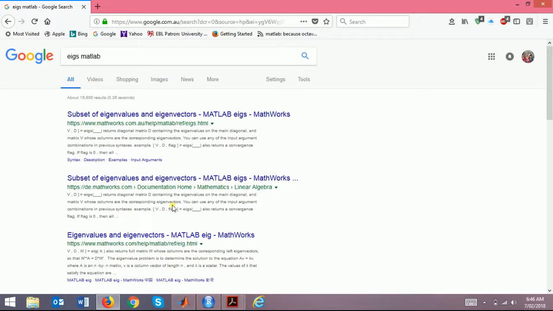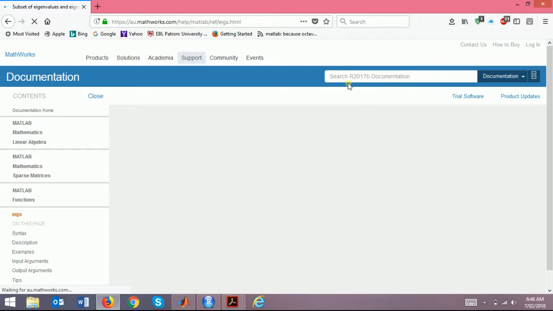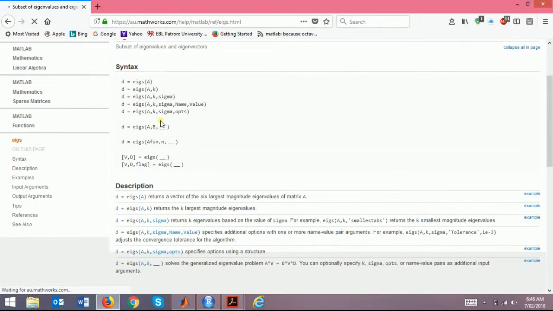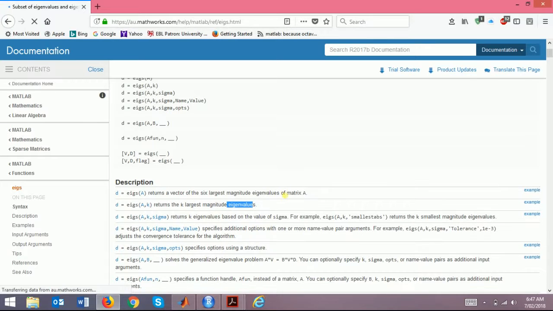K is based on a subset of eigenvalues and eigenvectors when I call for it. So eigs with a by k returns the k largest magnitude eigenvalues. Returns the k largest magnitude eigenvalues, right?